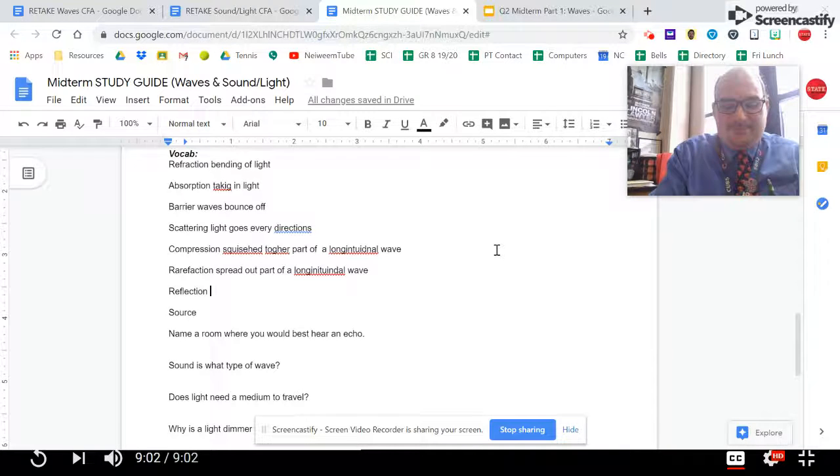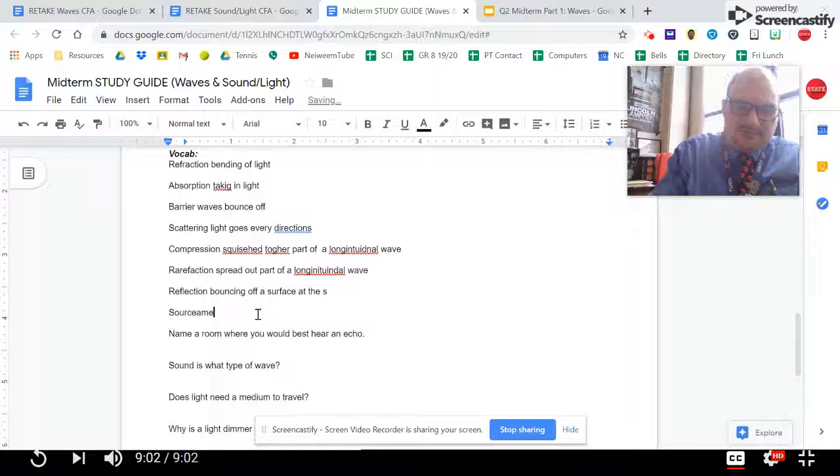Reflection, bouncing off a surface at the same angle. Source, let's make this back into source. Where a sound or light wave starts.